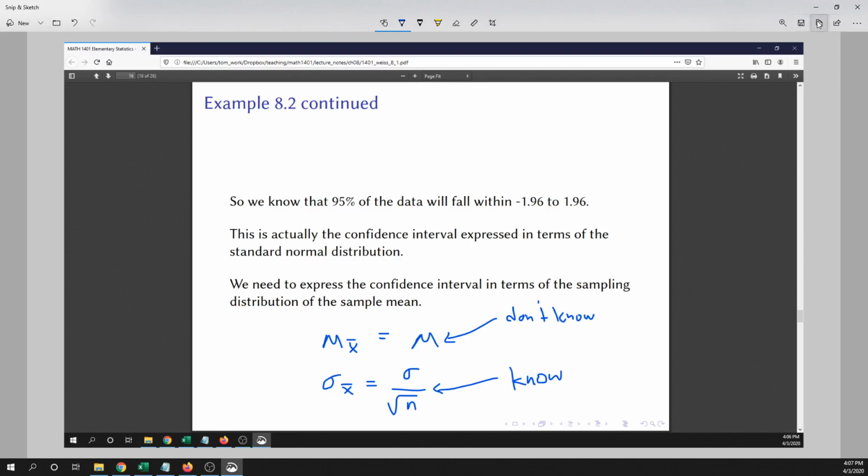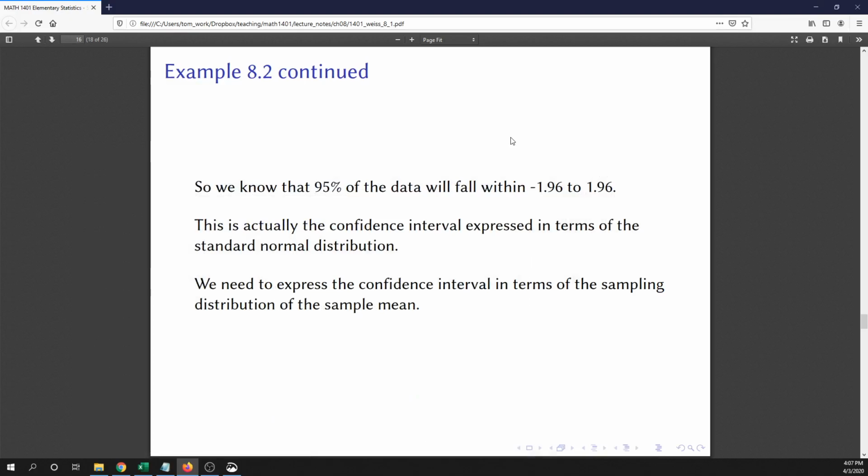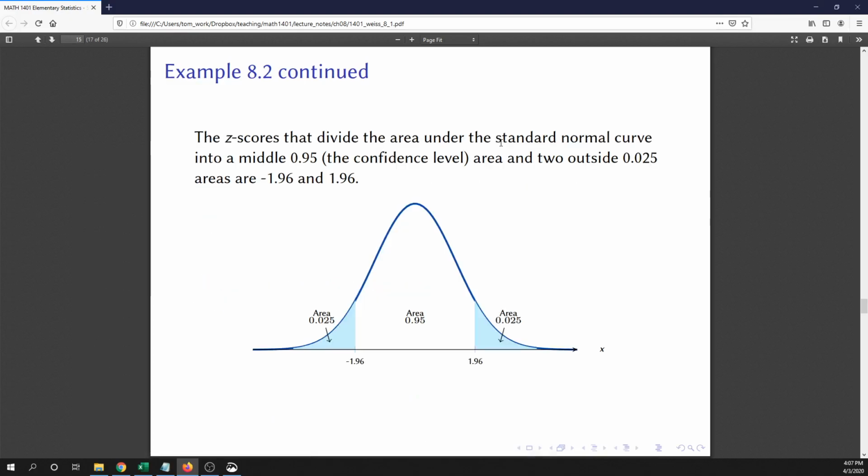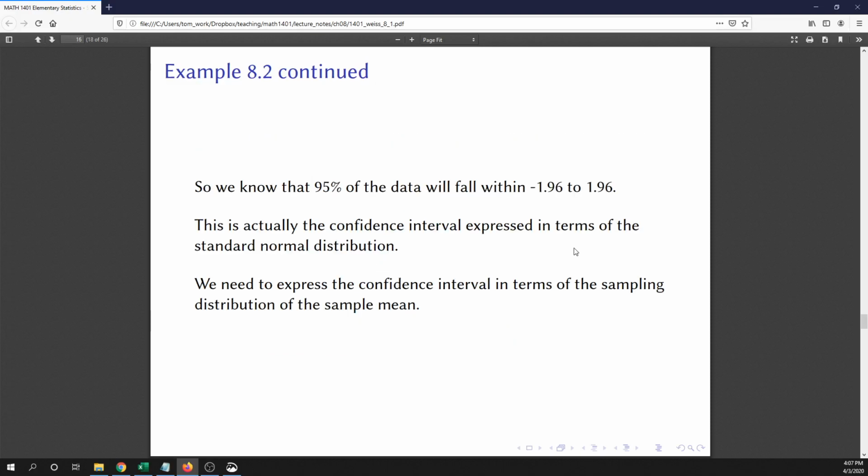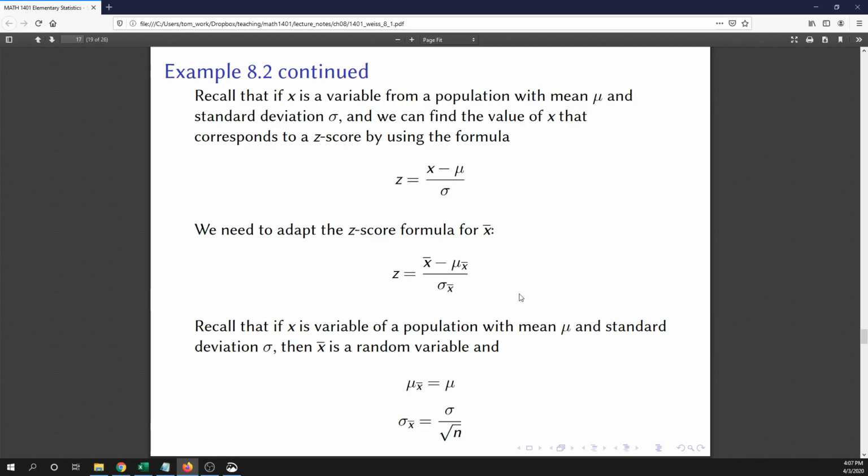Okay, so now all we need to do is express these z-scores in terms of the values of the sample mean. If you remember the z-score formula, z equals x minus mu over sigma, we're going to use this formula to work through that.